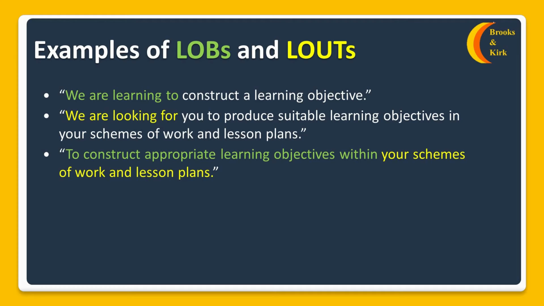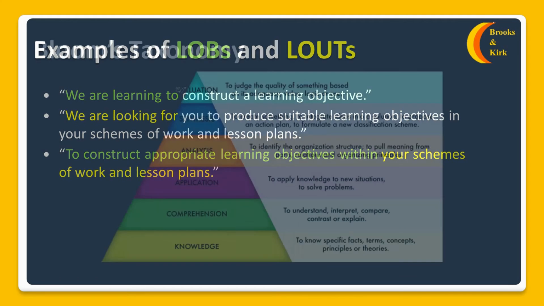That is exactly stating what it is that you need to have at the end. Now, the next one, to construct appropriate learning objectives within your schemes of work and lesson plans. So the learning outcome is that you will have an appropriate learning objective within your scheme of work, and the objective is to be able to construct them.